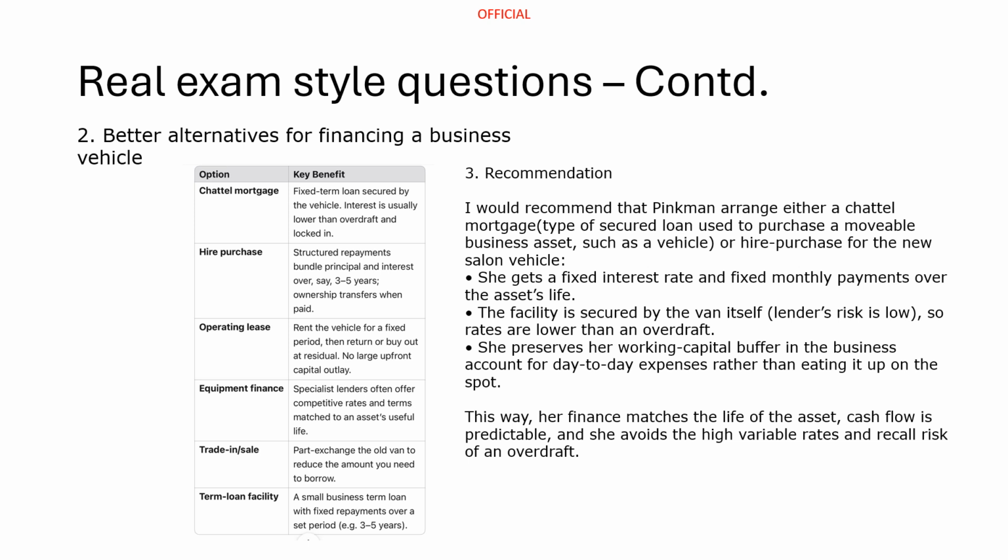I would recommend that Jane arrange either a chattel mortgage, a type of secured loan used to purchase a movable business asset such as a vehicle, or hire purchase for the new salon vehicle. She gets a fixed rate and fixed monthly payments over the asset's life. The facility is secured by the van itself.